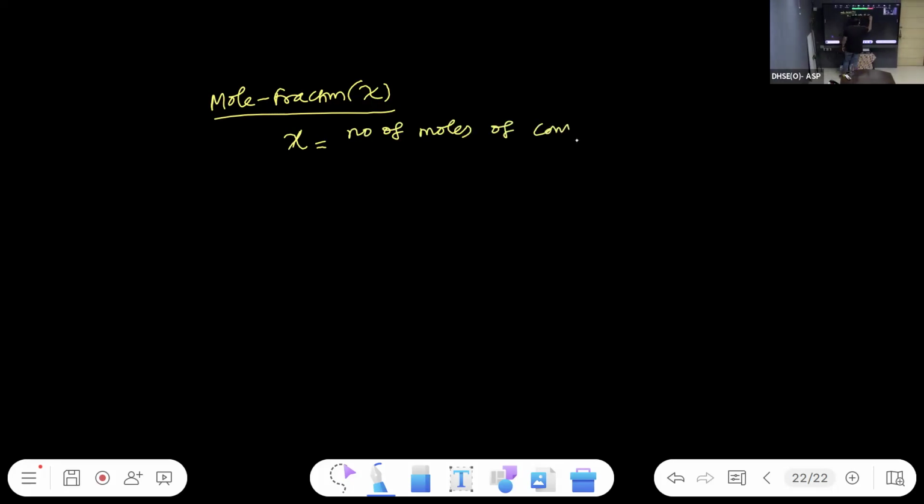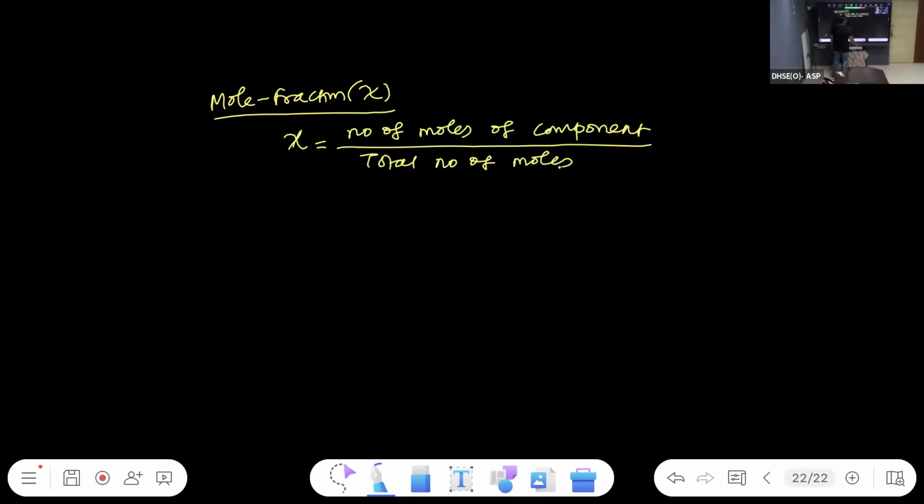So chi is the number of moles of the component divided by the total number of moles.